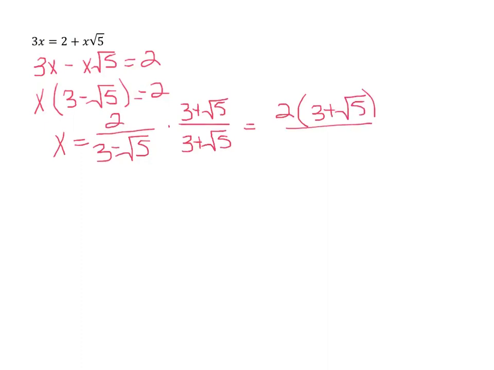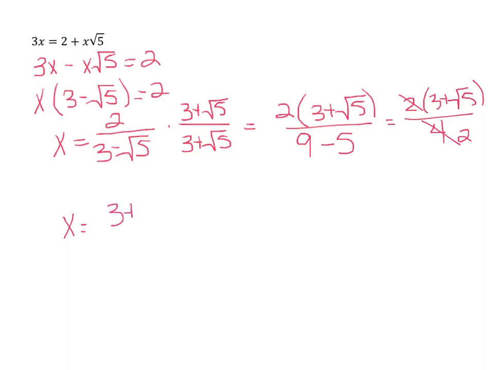And here I get 9 minus 5, this cancels, and x is actually equal to 3 plus the square root of 5 over 2.